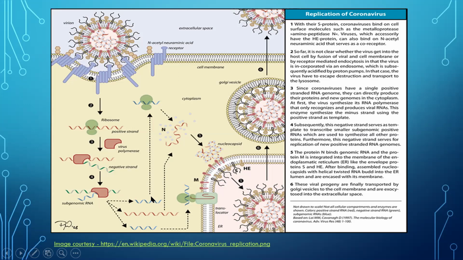Then all these together, that means the viral proteins along with the genome, are going to form a viral particle. And in order to cause infection, these viral particles have to be released by the cell. So they are released by causing lysis. Then once they're outside the cell, they will bind to a nearby healthy cell and again start this whole process. And that's how they are going to spread infection inside an organism.